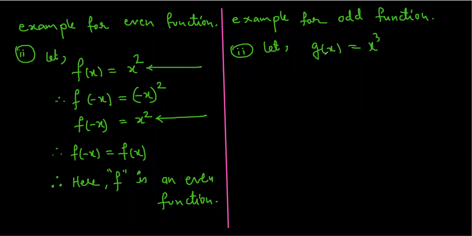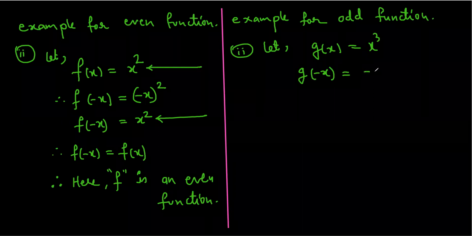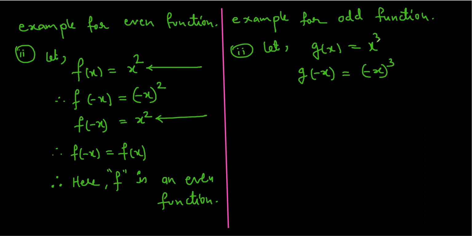I can take the function symbol as g as well. Okay, f, g, h, all of them are equally good. So I can take g of x as x cube. Now, what I do next is I write g of negative x. G of x was x cube, so g of negative x is negative x cube.